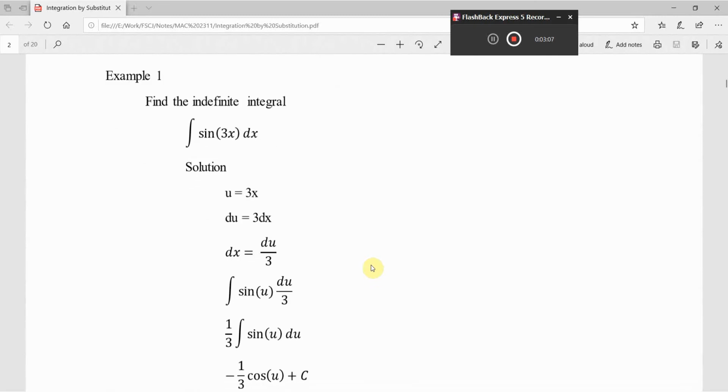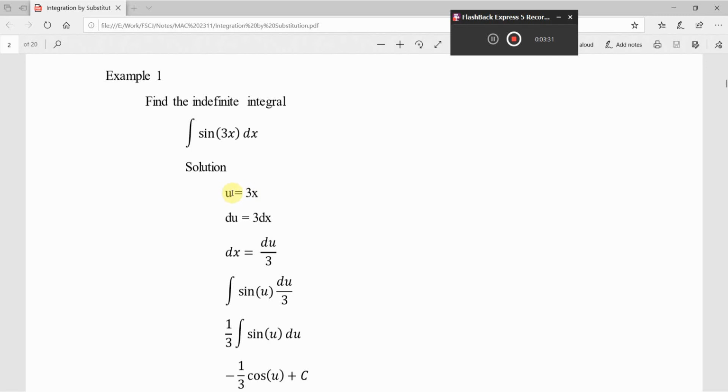Let's take a look at example 1. Find the indefinite integral. So we have the integral of the sine of 3x dx. So our solution, we let u equal to the algebra that's inside my grouping symbol. So u is equal to 3x. I want to calculate the derivative of this equation using our differential notation.